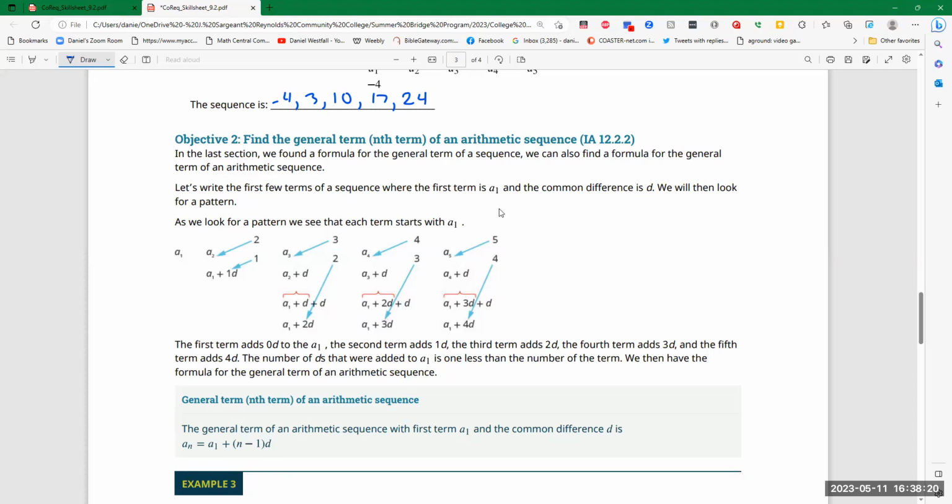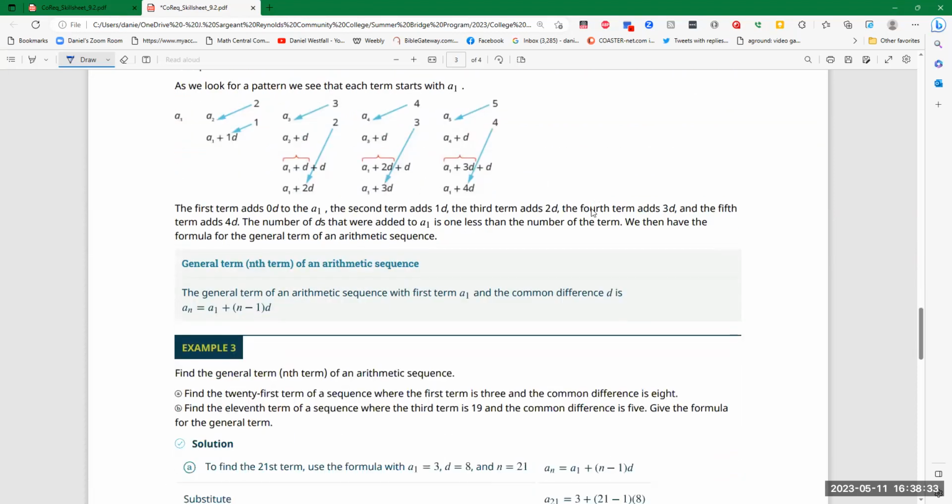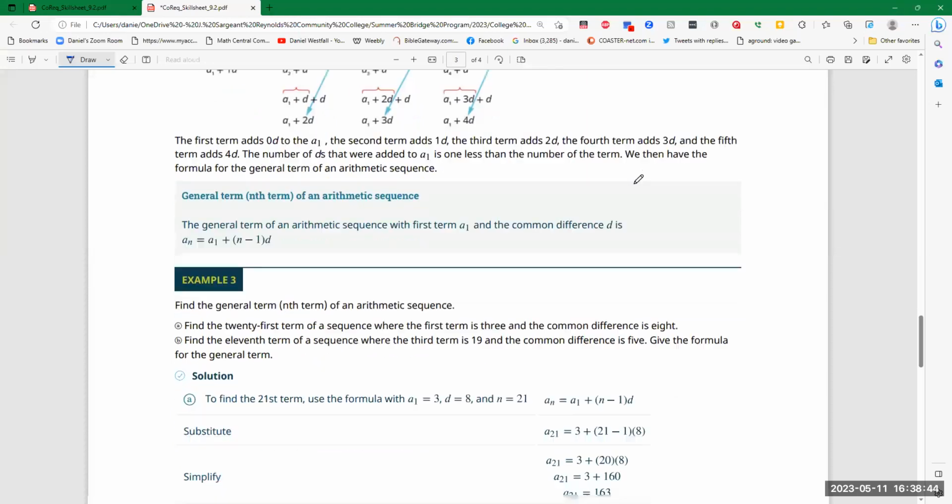Get all the way over here to term 5 is 4 times d. So it looks like I'm always adding a coefficient of 1 less than this term times my common difference. And sure enough, there's my formula that a_n is equal to a_1 plus (n minus 1)d is going to generate the nth term of the sequence.